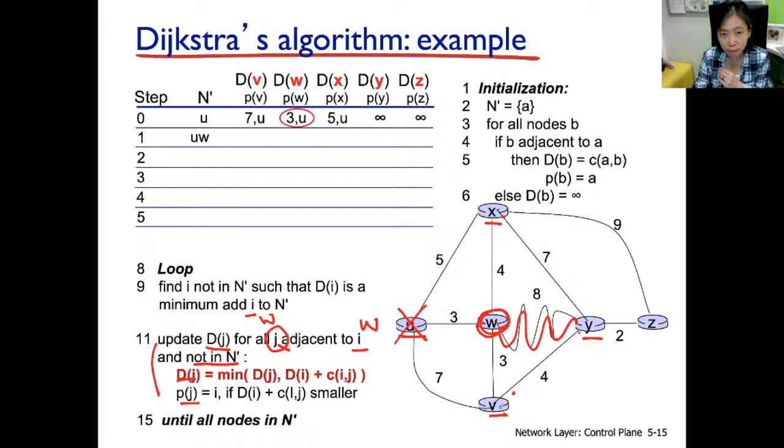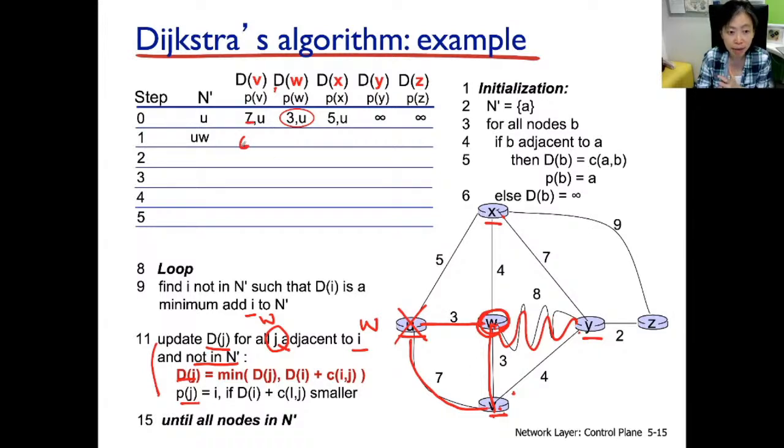So V here, there's another path, right? Originally we had this direct link, but now there's an alternative path through W, which is what? 3 plus 3. The minimum distance to W plus the link cost between V and W. And that is how much? 6. Is 6 better than the existing minimum distance to V, which is 7?